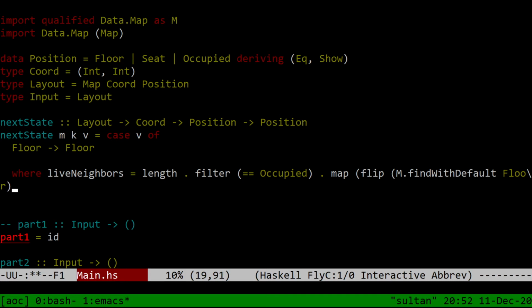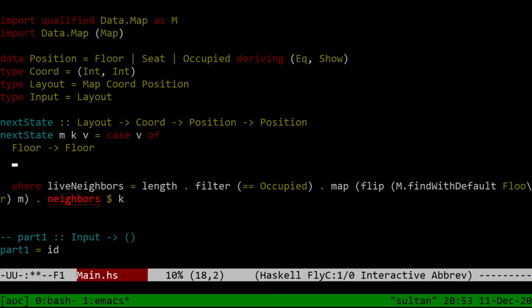For things that are outside of the seating area, we might as well say that they're floor if you try to look outside the bounds. Okay, something like that. And we'll have to implement neighbors as well, but the idea is neighbors is a function that takes a coordinate and returns to you the list of nearby coordinates. We've all implemented this many times, I'm sure.